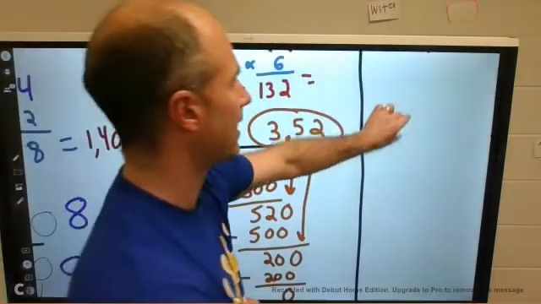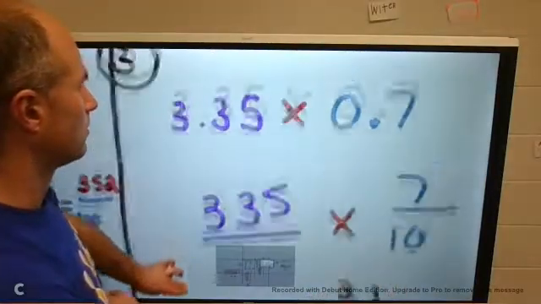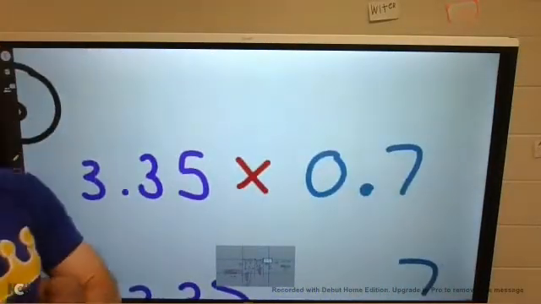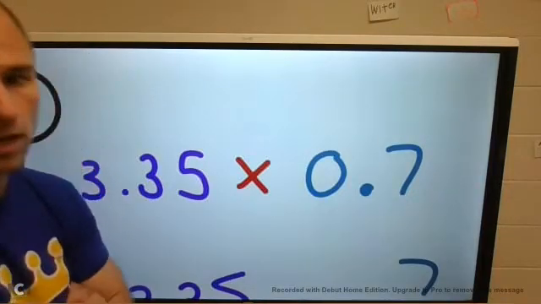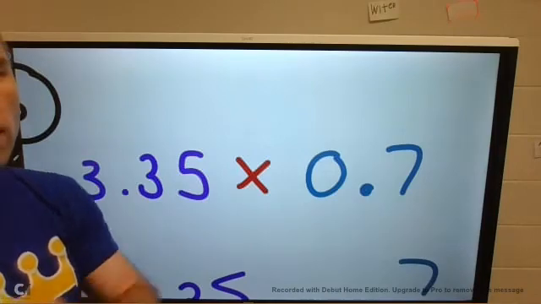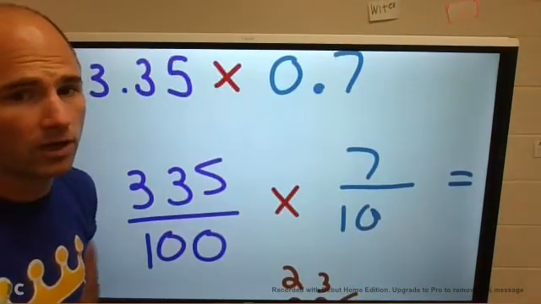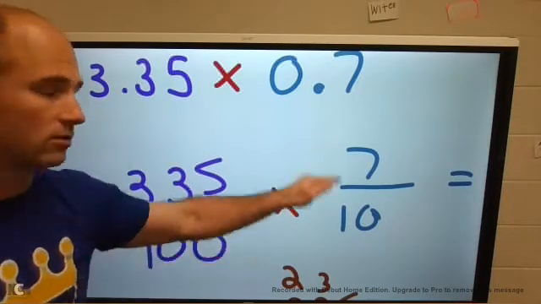All right, last problem. Three and 35 hundredths times 7/10. Go ahead, hit the pause button and do that now. So some of you out there are finally, I think, getting how to turn this into a fraction.